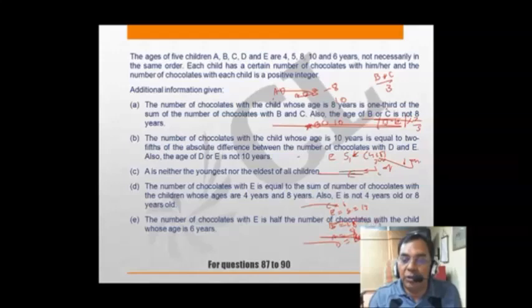So B is equal to 10, so he has got 4. B has got 4.